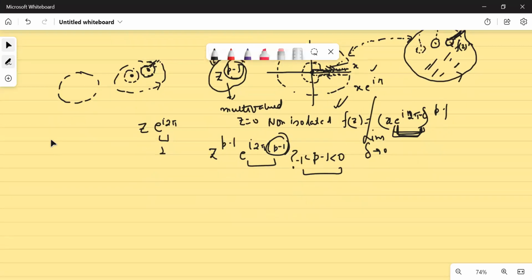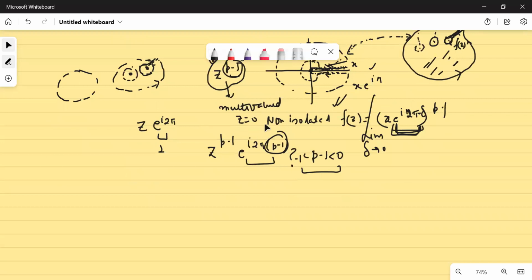Because the branch point is here, and because the function is multi-valued. Even as I introduce a branch cut, the value after rotation would eventually, for one complete revolution, e to the power iota 2 pi would give me 1 only.